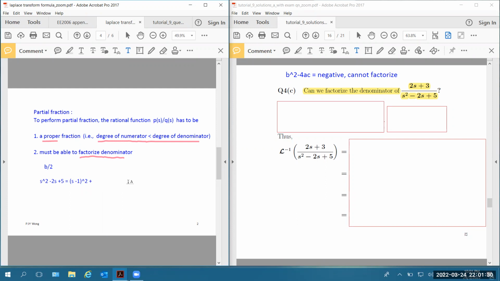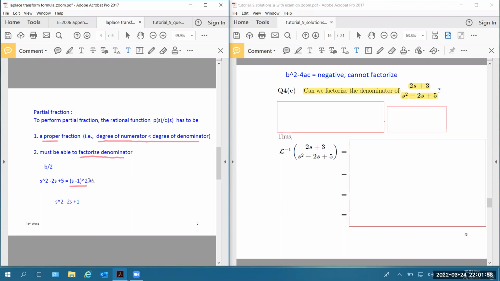Well, you need to do the balance. If you multiply out (s minus 1) squared, it's going to be s squared minus 2s plus 1.